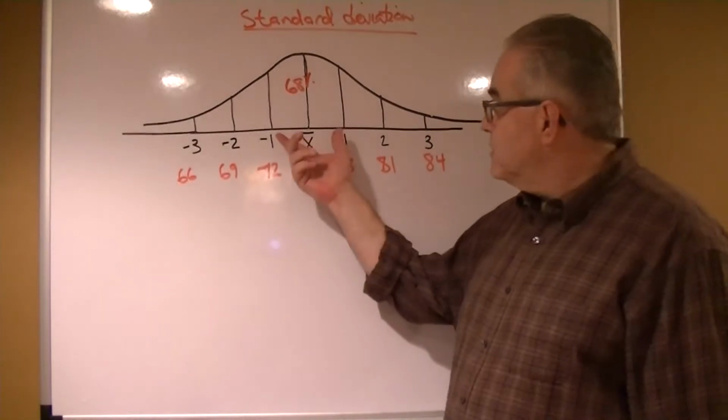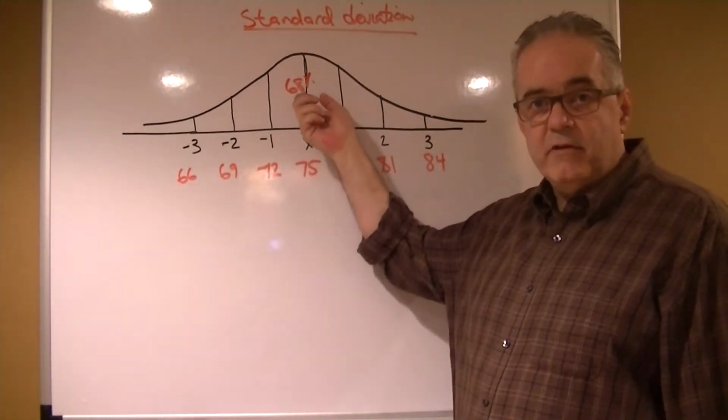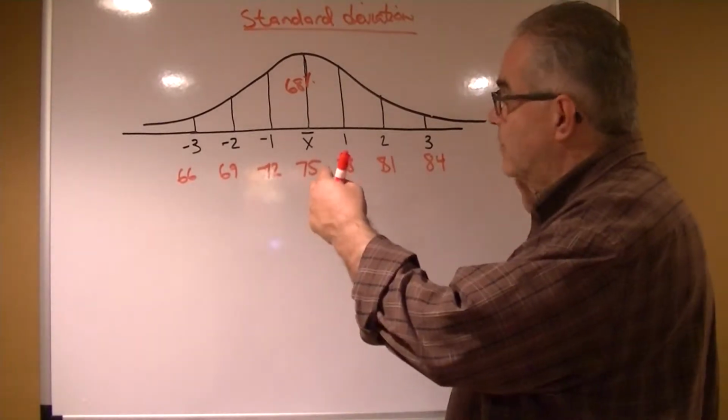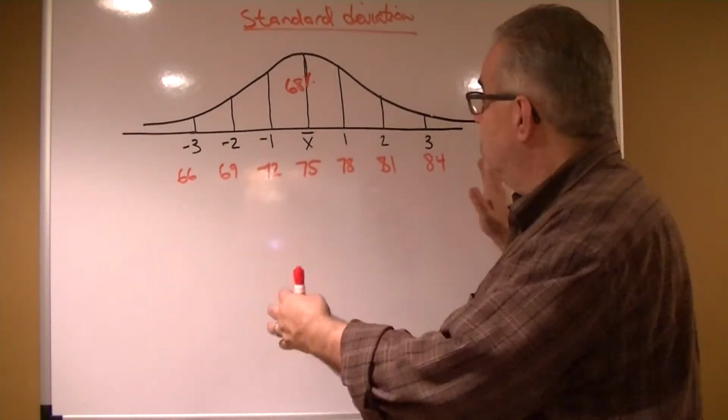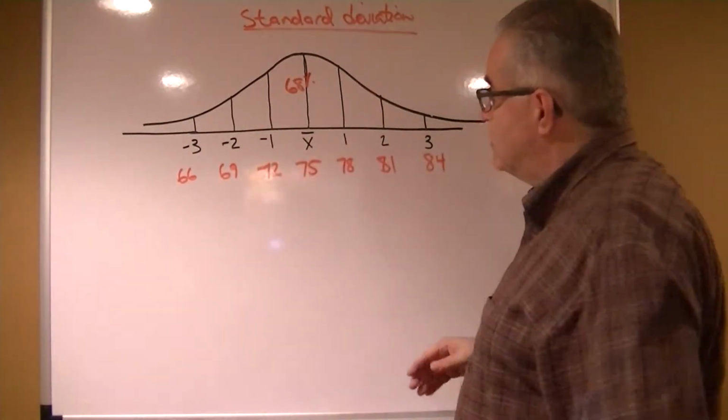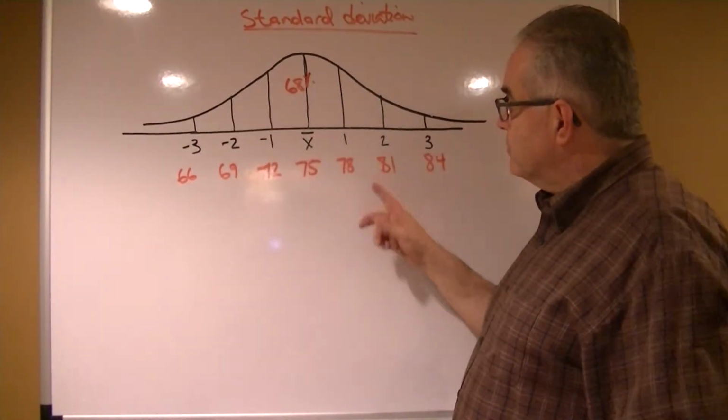So one standard deviation holds 68% of the values, which is a nice chunk of the whole distribution. So you've got 68% within one standard deviation to the left and to the right.